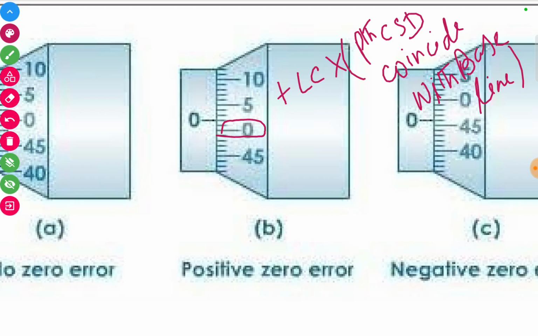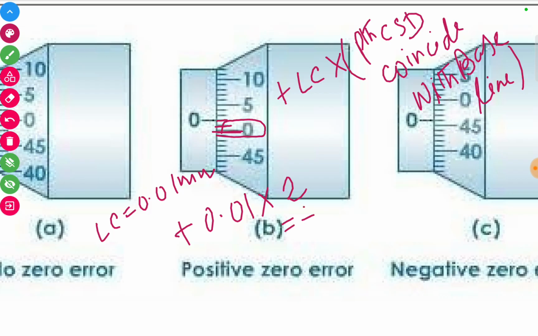Over here we have taken the least count as 0.01 millimeter. So positive 0.01 into the pth division which is coinciding with the baseline. Which one is coinciding? This is 0, this is 1, this is 2. So 2 is coinciding. So the answer is 0.02 millimeter. This is a positive zero error.